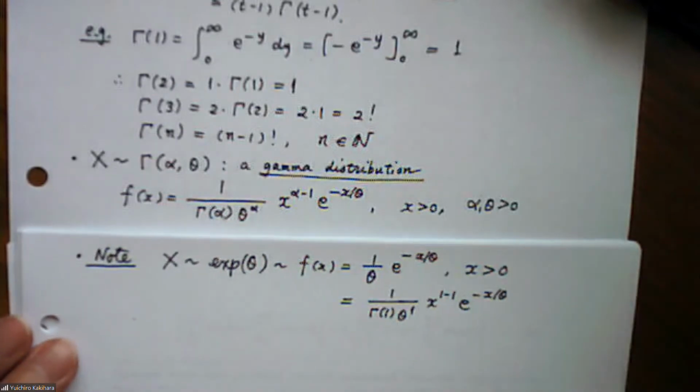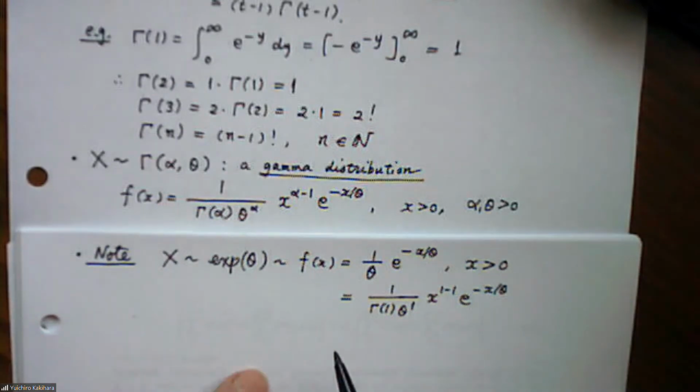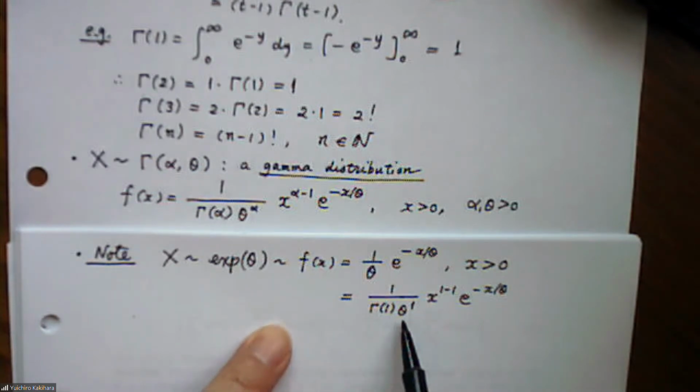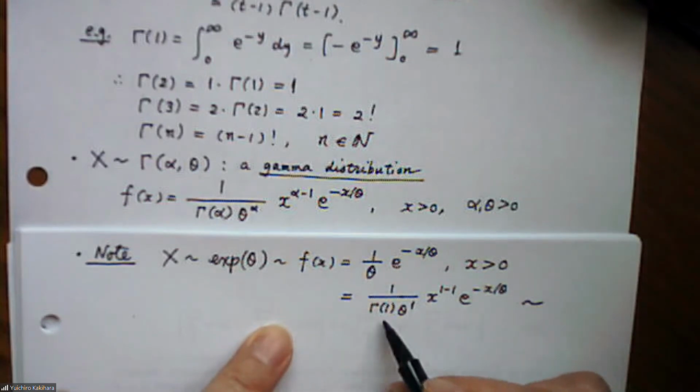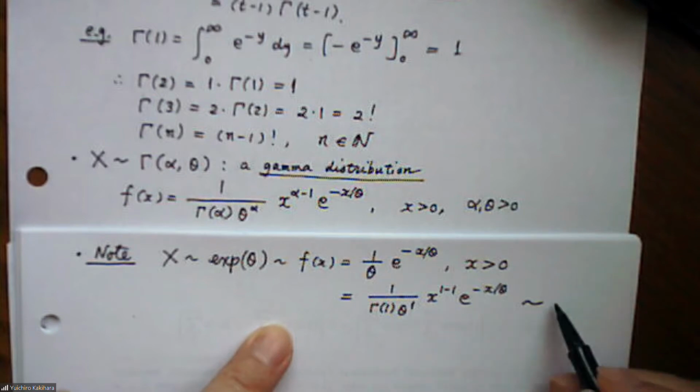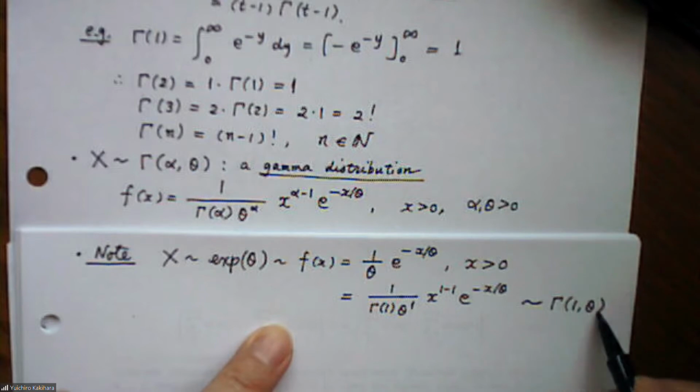We can write the exponential distribution's density function like this: gamma of 1 times theta to the 1 and x to the 1 minus 1, because this is 0 and x to the 0 is 1, and then the exponential part is the same as this. Then what is this? Alpha is 1, and theta is theta. So this is gamma of 1 and theta. Do you agree?